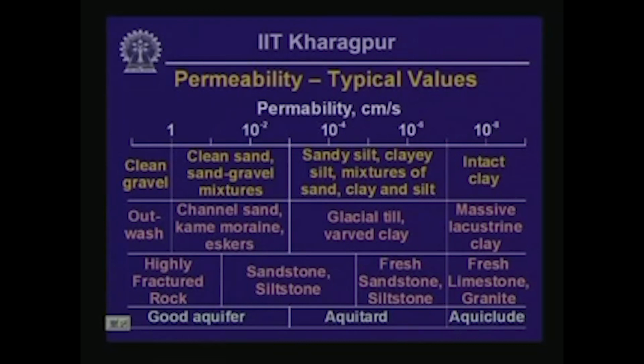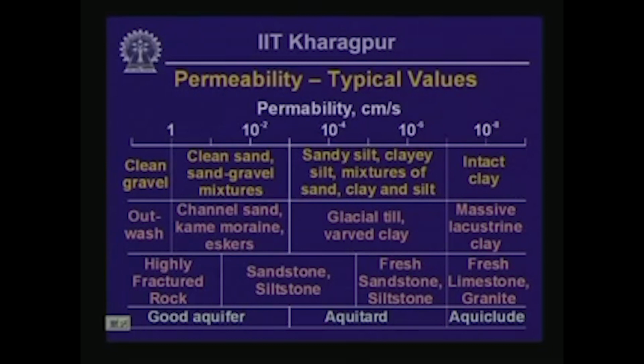Consider some rocks. If you have highly fractured rock, you are going to have permeability of 1 centimeter per second or more. Sandstone and siltstones typically have permeability of 10 to the power minus 1 centimeter per second to about 10 to the power minus 5 centimeter per second.